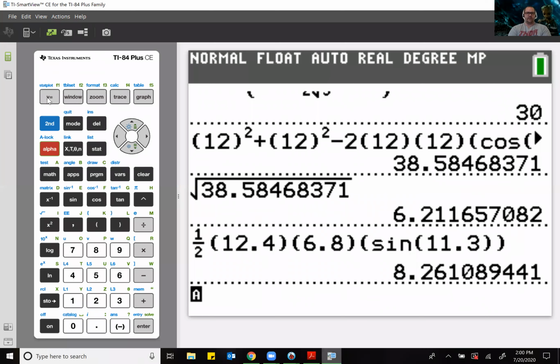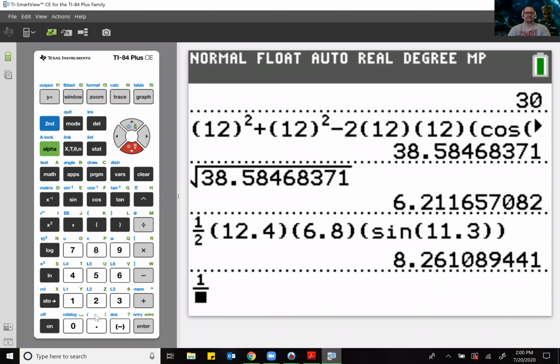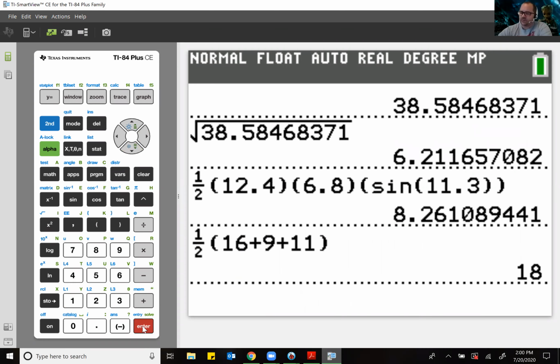So S equals 1/2 parentheses 16 plus 9 plus 11. Close, enter. So our semi-perimeter is 18. And then now all we're going to do is run the rest of the actual area formula.